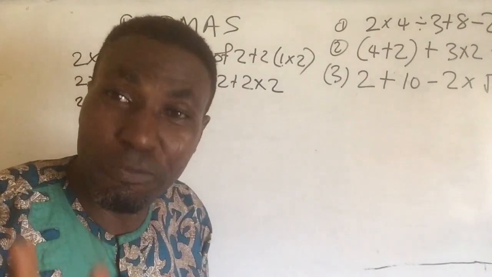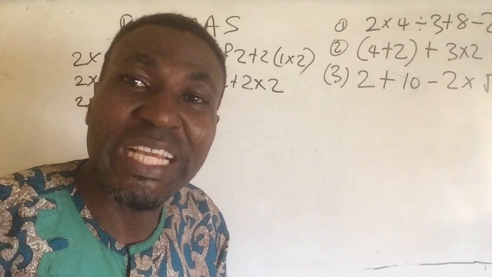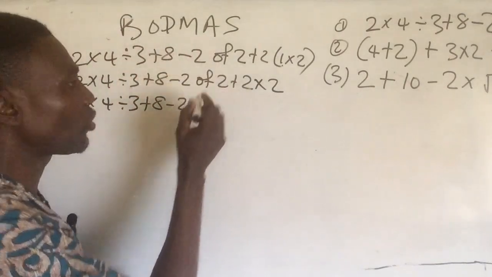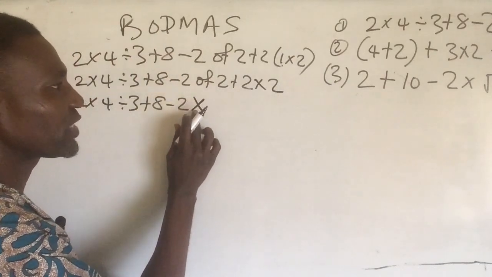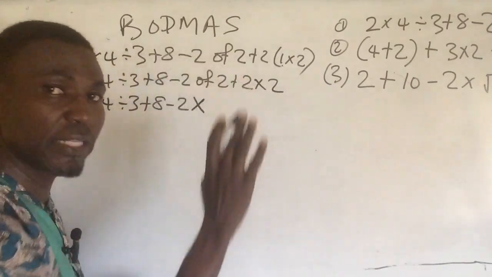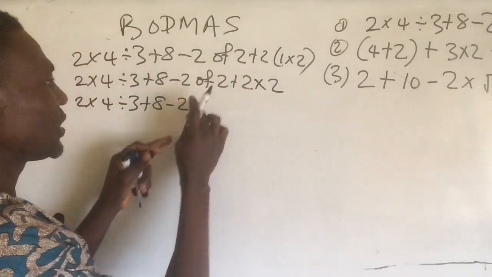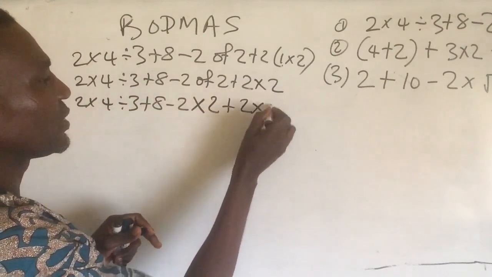Anywhere you see "of" in mathematics, just exchange it with the multiplication sign. I take away this "of" and put times. This multiplication sign has replaced the "of". That's how to treat "of". Now "of" has gone: times this 2 plus 2 times this 2.